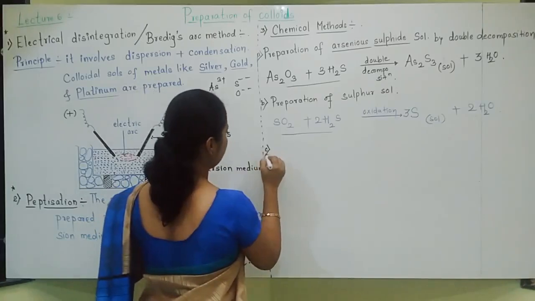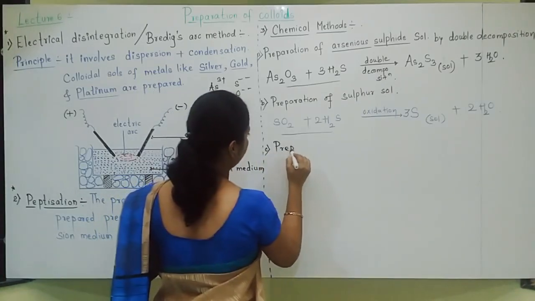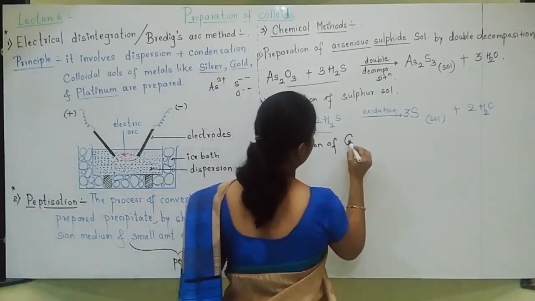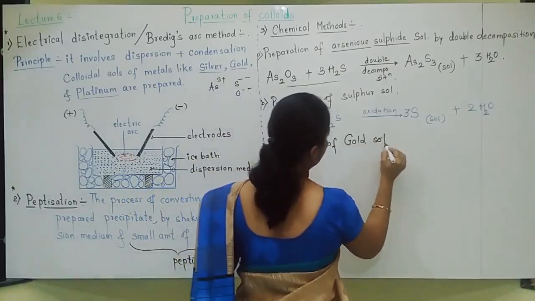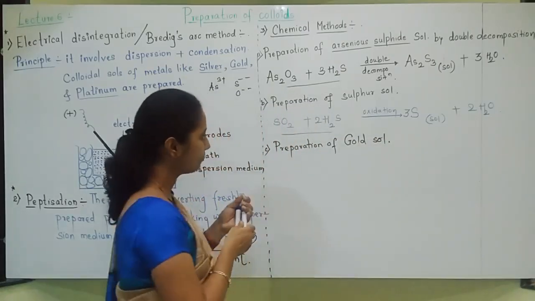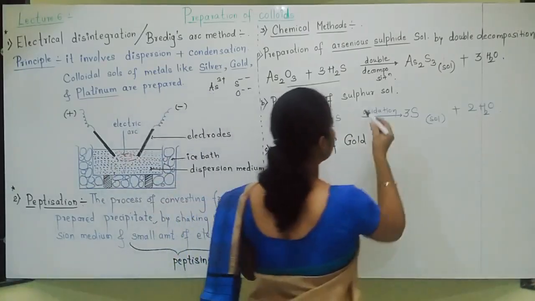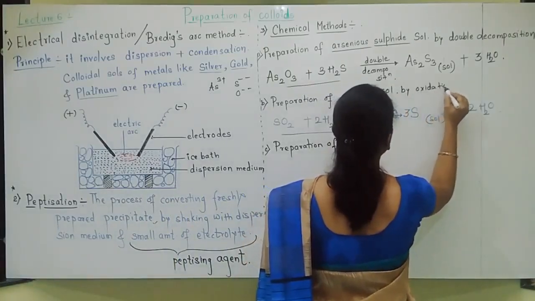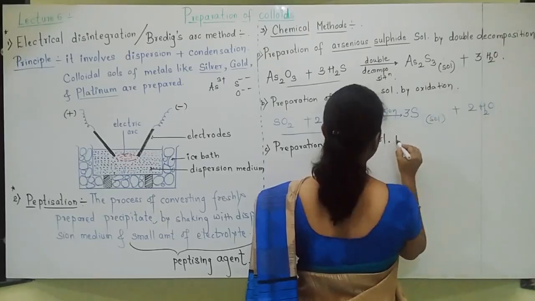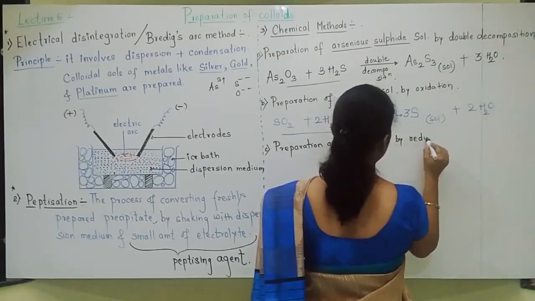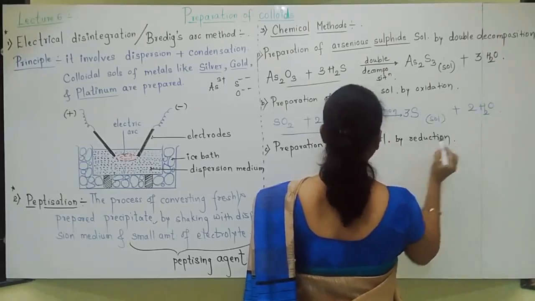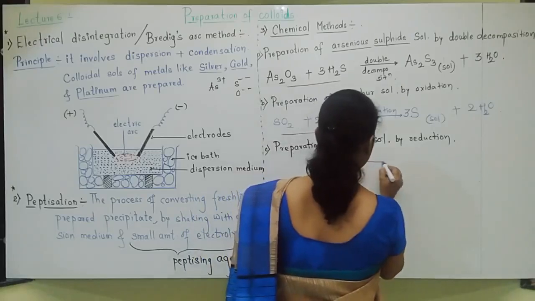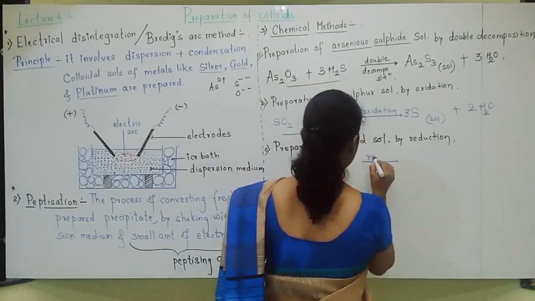Let us write preparation of gold sol, Au. Okay, preparation of sulfur sol by oxidation and preparation of gold sol by reduction. So I will write reduction here.